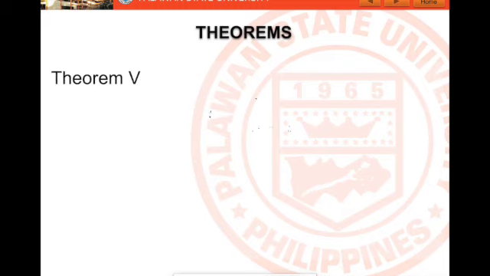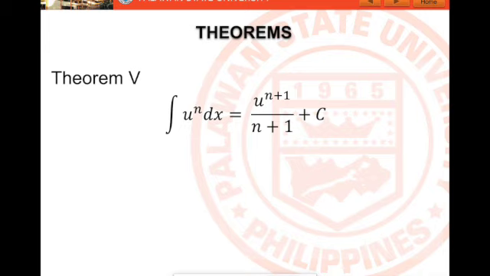So this theorem number 5 would be, okay, so looks like I committed a mistake here. This should be du. This is not dx. So if nag-take notes kayo, pakilagay na lang siya na du. So the integral of u raised to the power n du should be equal to u raised to the power n plus 1 all over n plus 1.